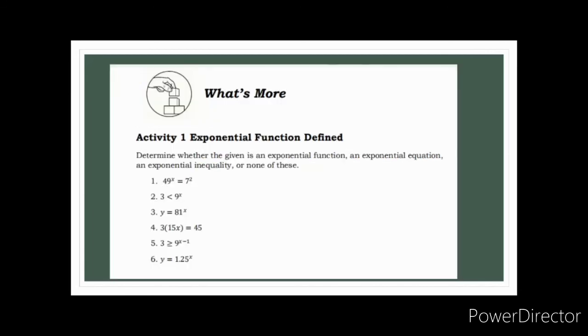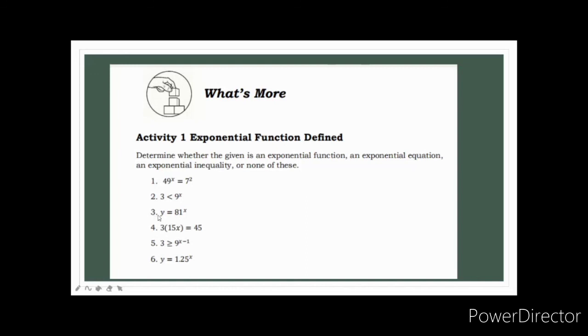What's more, please have your pen and your paper and let's do Activity 1, exponential function defined. You have to determine whether the given is an exponential function, an exponential equation, an exponential inequality, or none of these. Let's start with number 1: 49 raised to x is equal to 7 raised to 2. Number 2: 3 is less than 9 raised to x.